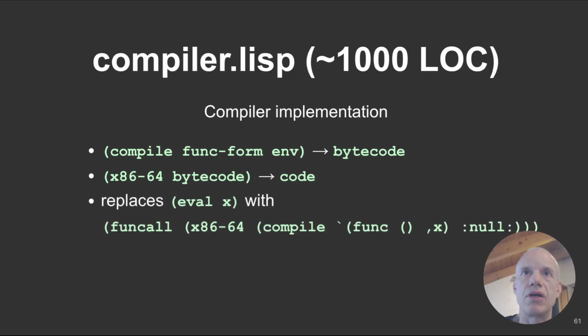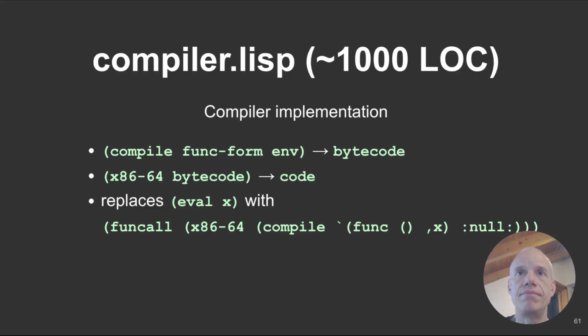And another thing that compiler.lisp does, as the last lines, is replacing eval with a function call of x86-64 of compile of a function with no arguments and the expression you passed in. So basically, it is replacing the interpreter evaluation with a call of a compiled function.